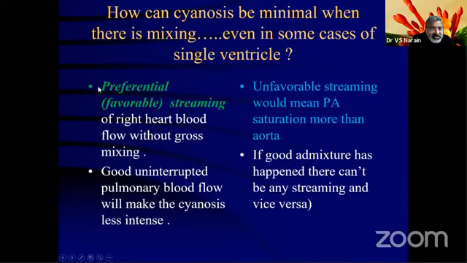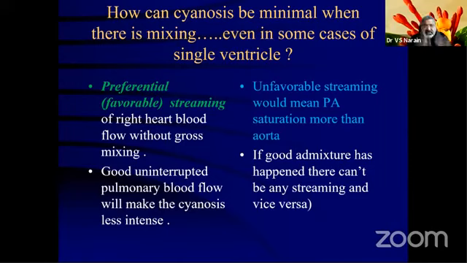And this is because you can have a preferential or a favorable streaming. That means the blood which comes to the pulmonary artery is the one coming from the systemic circulation, that is from the inferior and superior vena cava, and the one which is going into the aorta is streaming from the left ventricle.